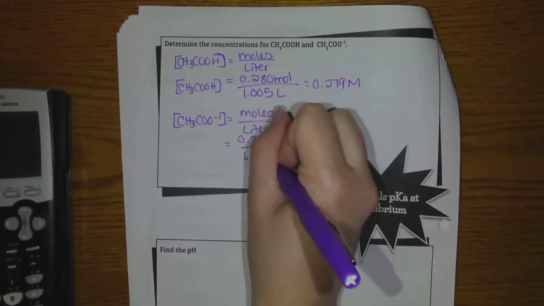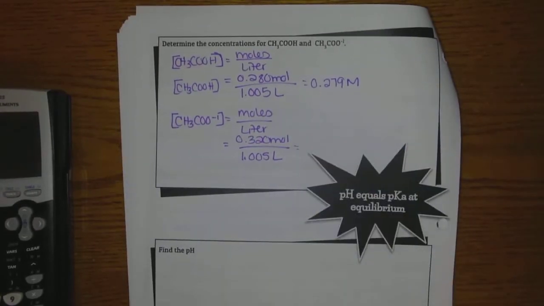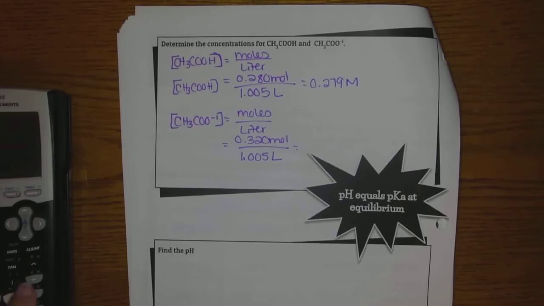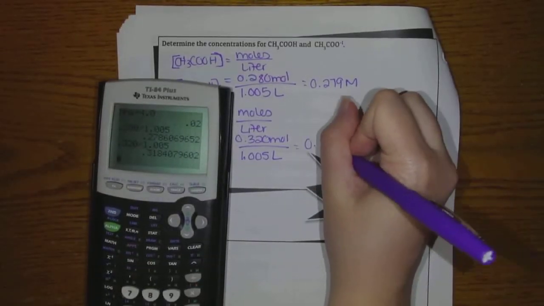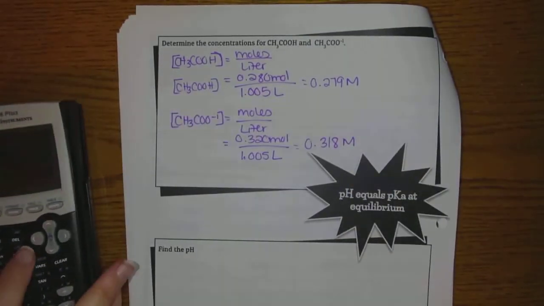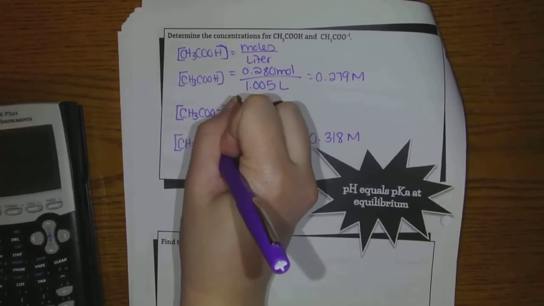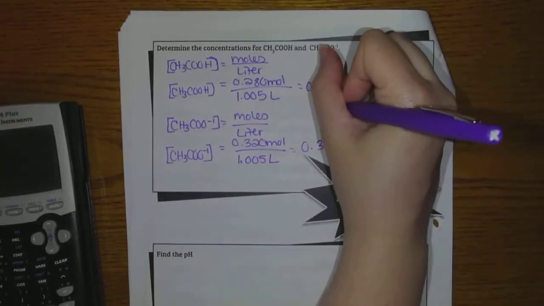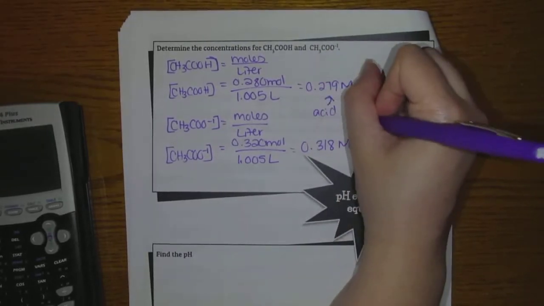And I just told you that we have a new volume. So when we put that in, and again, we need to round to 3 significant figures here. There we go. So that's our new concentration of our base. So this is the acid, and this is our base.